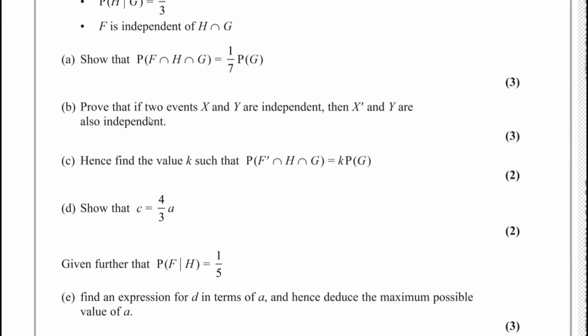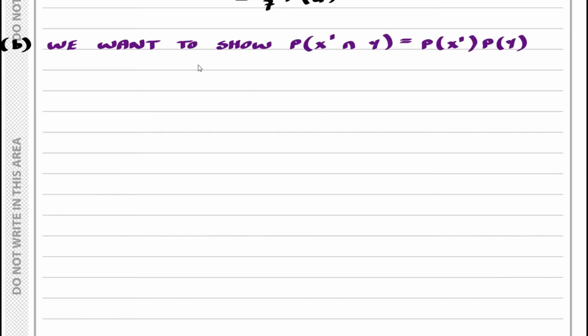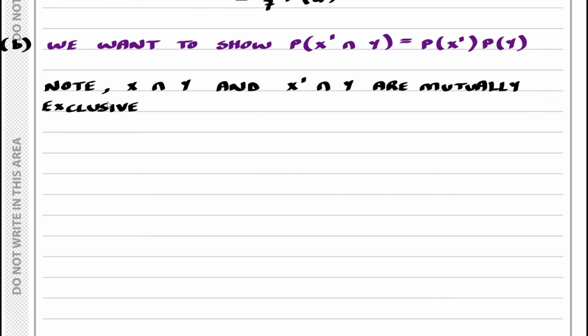Part B. Prove that if two events X and Y are independent, then X dash and Y are also independent. For part B, we want to show that the probability of X dash and Y is equal to the probability of X dash multiplied by the probability of Y. We note that X and Y, and X dash and Y, are mutually exclusive. They cannot happen at the same time.